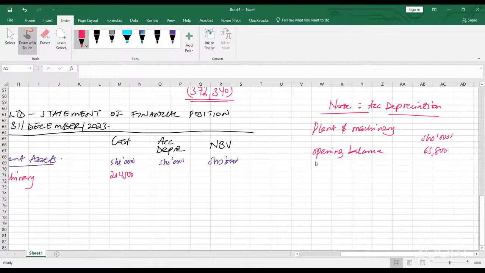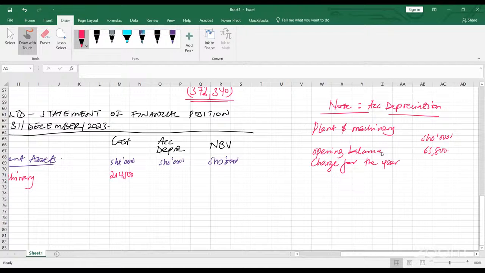But then we have the charge for the year. To get the accumulated depreciation to take to the balance sheet, you get the opening balance from the trial balance, then you add the charge for the year. So how much is the charge for the year? Remember, depreciation of plant and machinery, we took this to the manufacturing account.